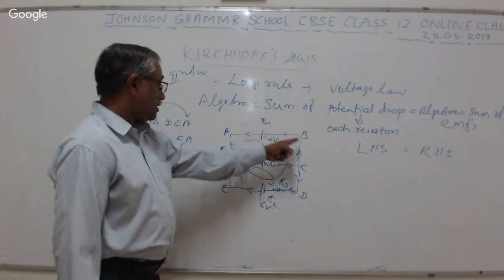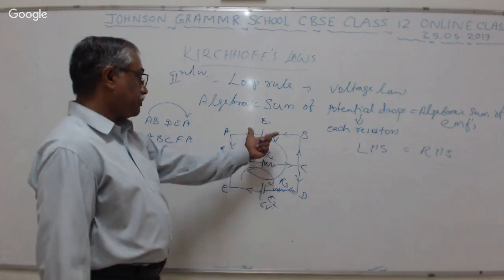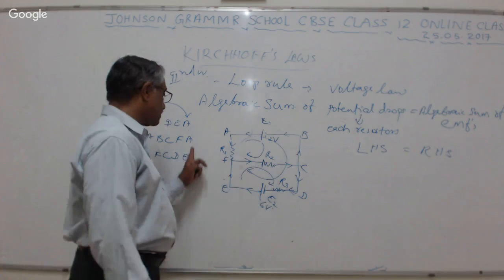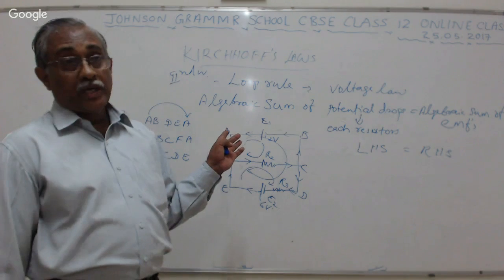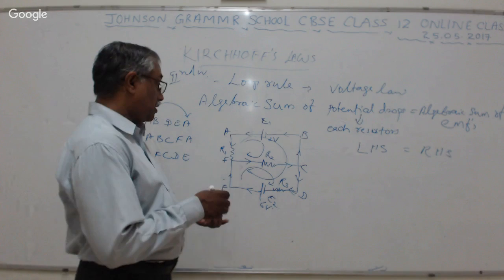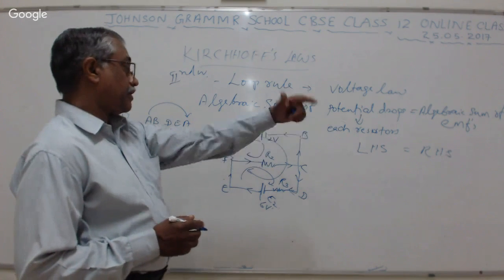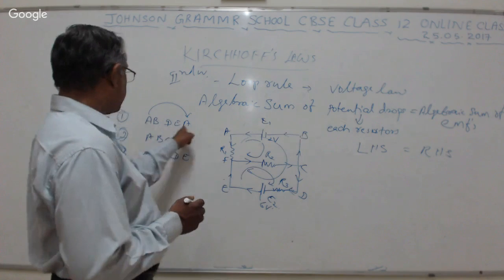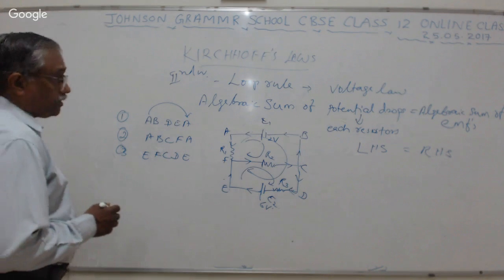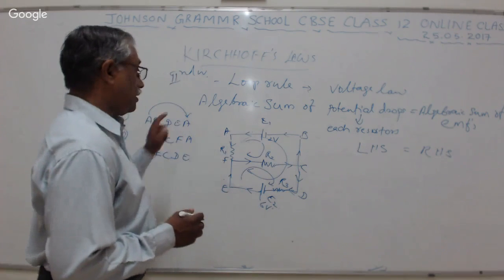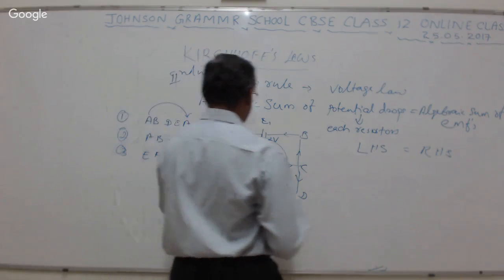So let us solve one equation. We can make any number of equations here, because there are three closed circuits. For all three we can make equations using this LHS and RHS formula. Let us start with the first equation, A, B, D, E, A. The resistances are there.